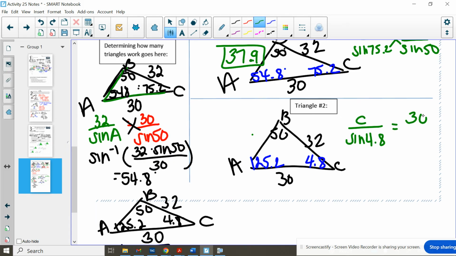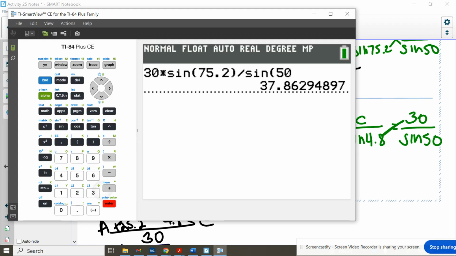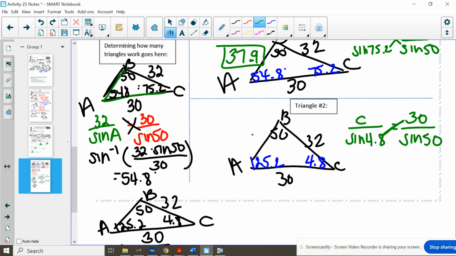I can use 30 and the sine of 50 since those were given to me. I have 30 times sine of 4.8, and then I'm going to divide that by the sine of 50 to get c by itself. I end up with 3.3 as my value of my missing side.